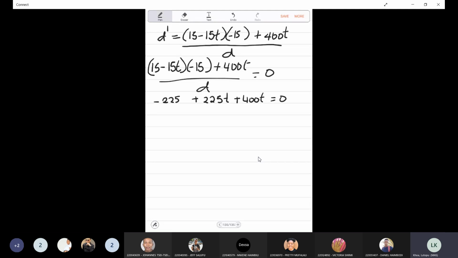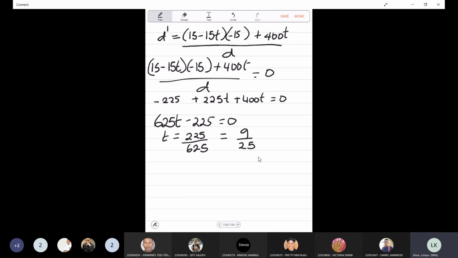Okay, so we have 225 plus 400, which is 625t minus 225 is equal to 0. And this means that t is 225 over 625, which is 9/25.